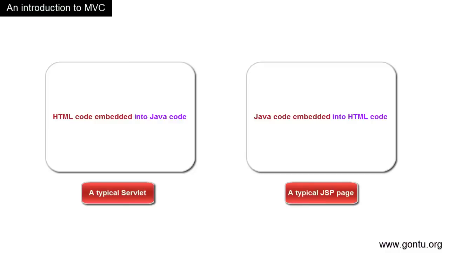That is the code which actually renders UI on the screen and the code which executes some logic in order to provide data which is to be displayed on the UI. This mixing of the two makes it difficult for a UI developer and a business logic developer to work independently as both reside in the same file, and as a result it takes more time to develop such a web application.